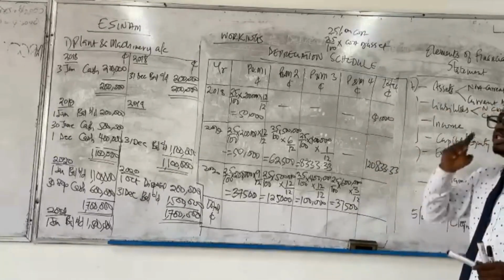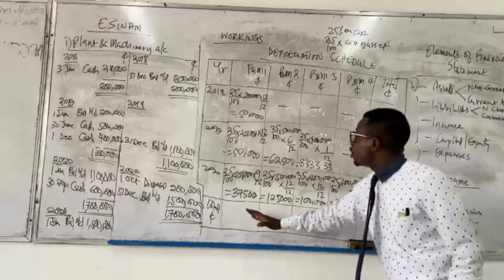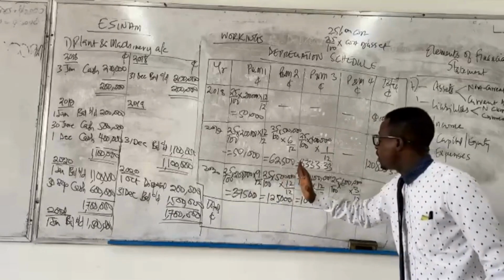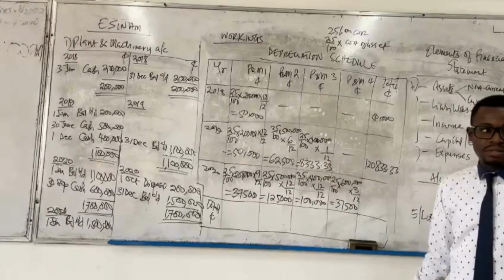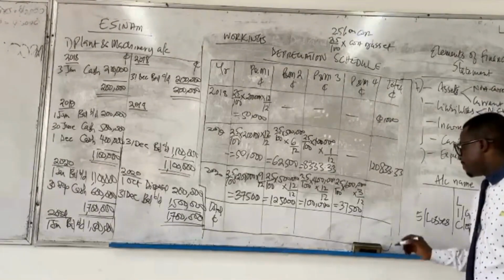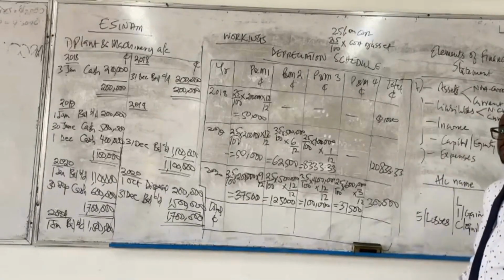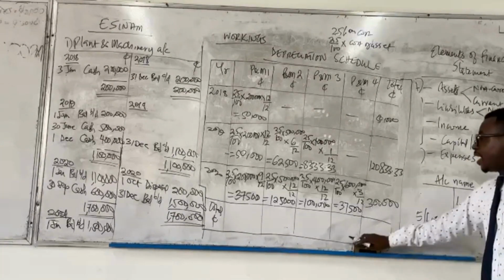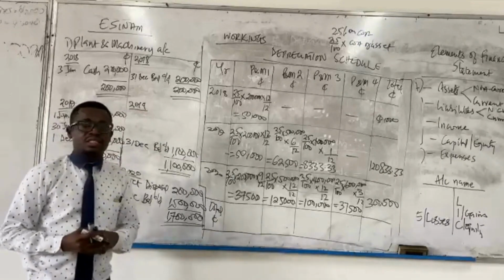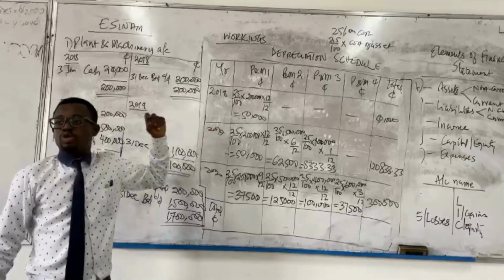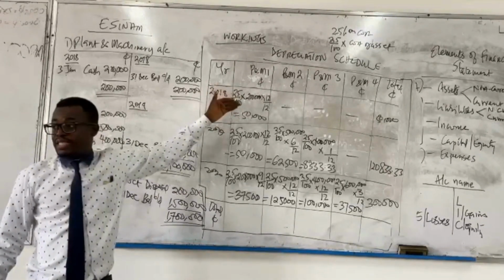Now, in 2020, the total depreciation are the figures of PM1 depreciation charge, PM2, PM3, and PM4 depreciation charge respectively. So what's the total? Now, for PM1, we found the total depreciations for each year. Now we're going to find the accumulated depreciation on each of the assets.